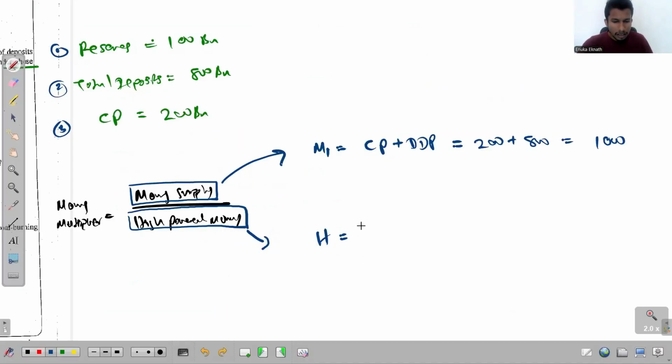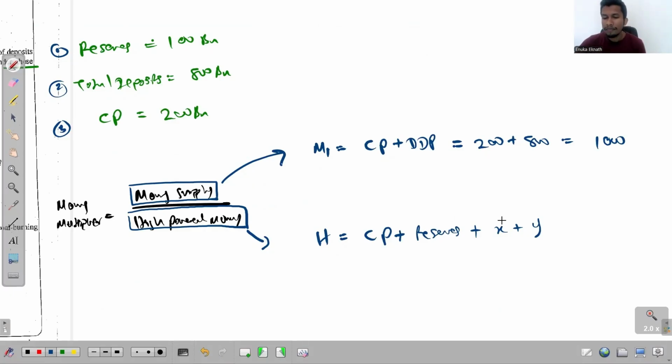So now, high powered money is equal to the currency held by the general public plus the currency held by the commercial banks, which is given to us here as reserves. We have two more components, but we don't need to focus on those much.